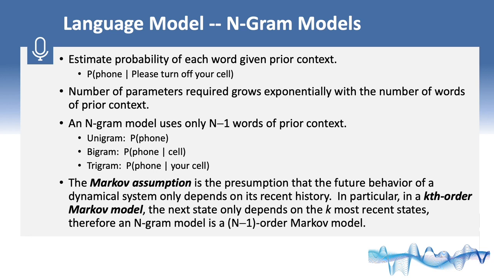Therefore, an n-gram model is an n-1 order Markov model. In theory, the larger the order n in the n-gram model, the better the performance. Generally, n-gram models include 3 common forms: unigram, bigram, and trigram. Trigram is the most used, but if bigram can be used, trigram is not used.